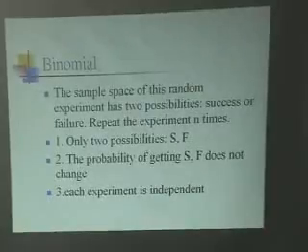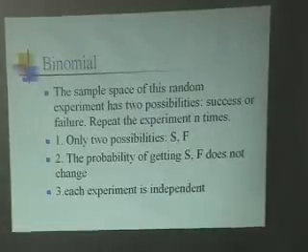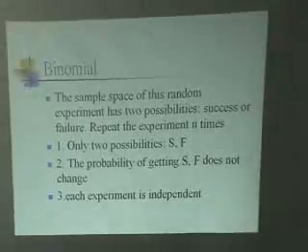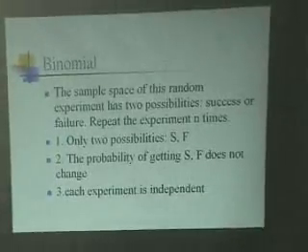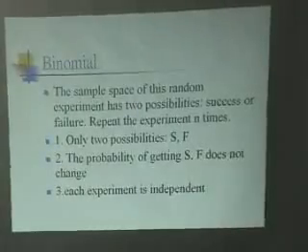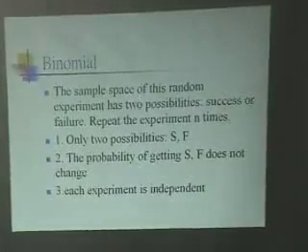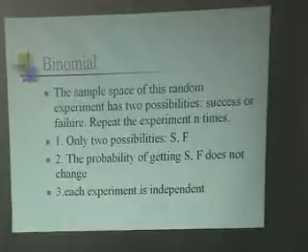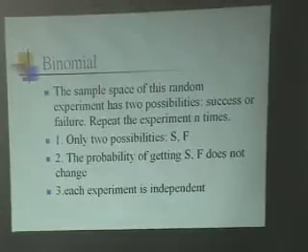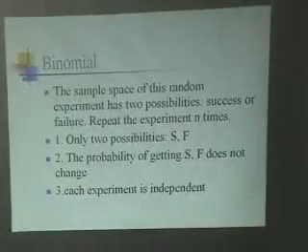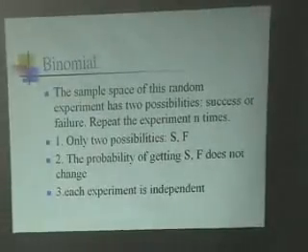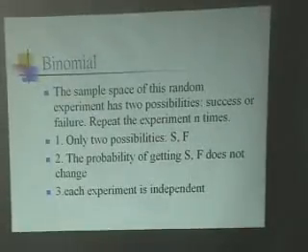Drawing with replacement means when you take it out, you put it back again. If it is drawing with replacement, then that will be close to binomial. The lottery we have is not, because we take it out and don't put it back.